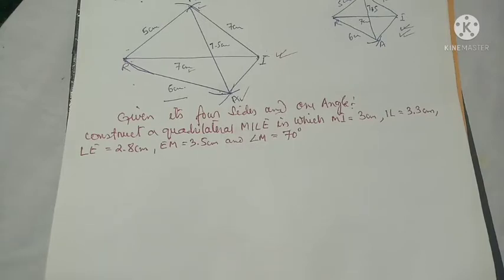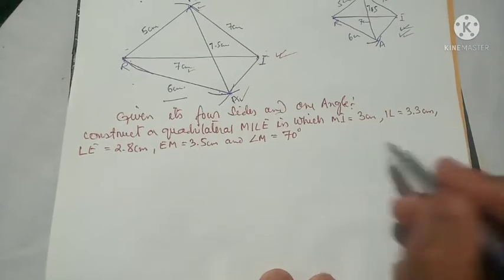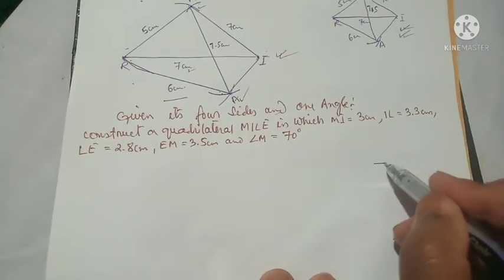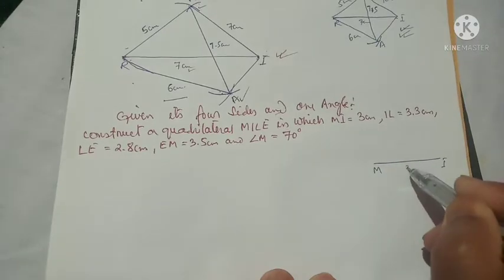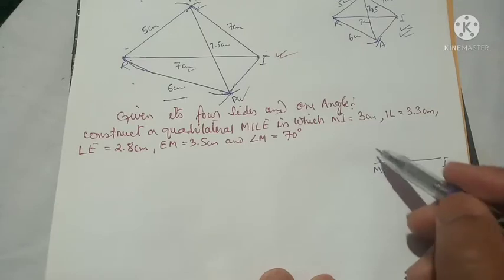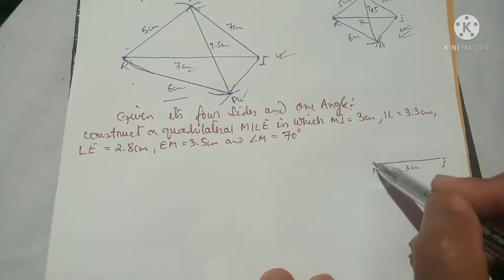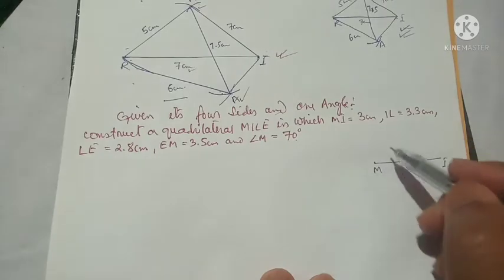Now let's first draw a rough diagram here. Okay, now first we have to draw MI. Measure of MI is 3 centimeter, and then from point M we draw an angle of 70 degree by using the protractor. We draw an angle here.